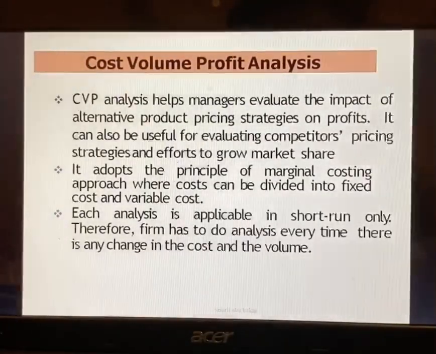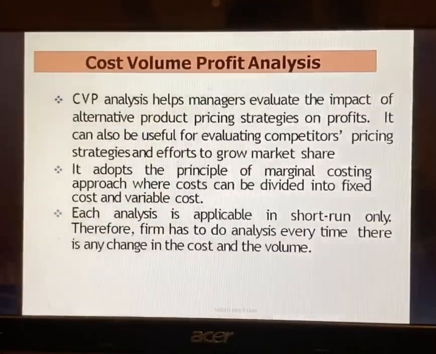CVP analysis helps managers to evaluate the impact of alternative product pricing strategies on profit. It can also be useful for evaluating competitors' pricing strategies and efforts to grow market share.